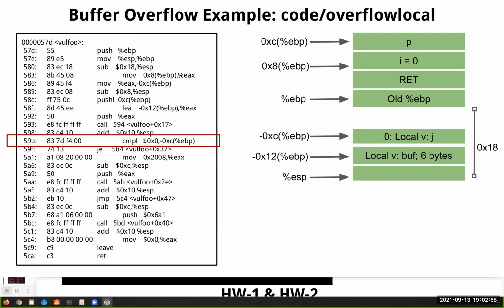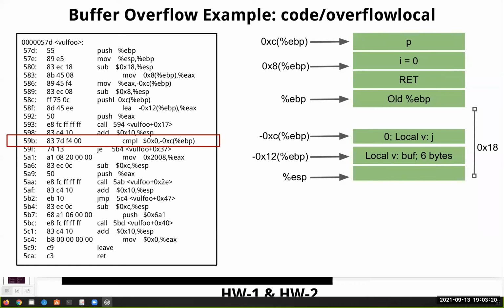Another solution: you see the old compilers, the compilers I'm showing you, do this. When we first define the local variable j, it has a higher address. Then we define the local variable buffer, and buffer has a lower address. This attack obviously relies on that sequence.